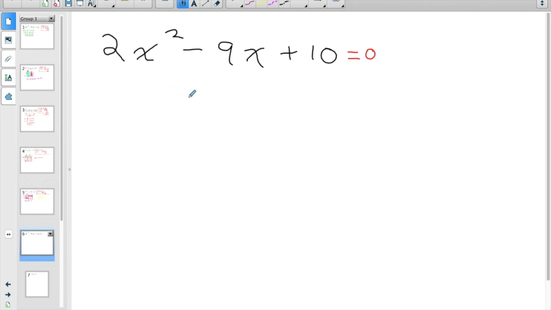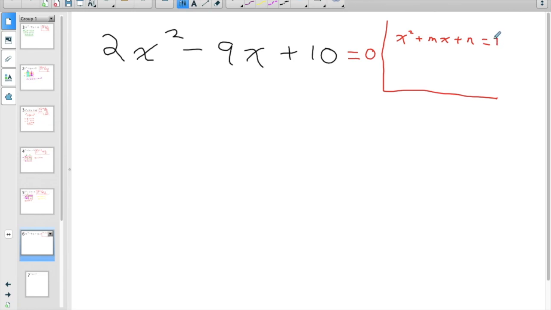Okay, so when we are completing the square, we want to get our problem in the form x squared plus some number x plus another number equaling whatever we happen to equal to.